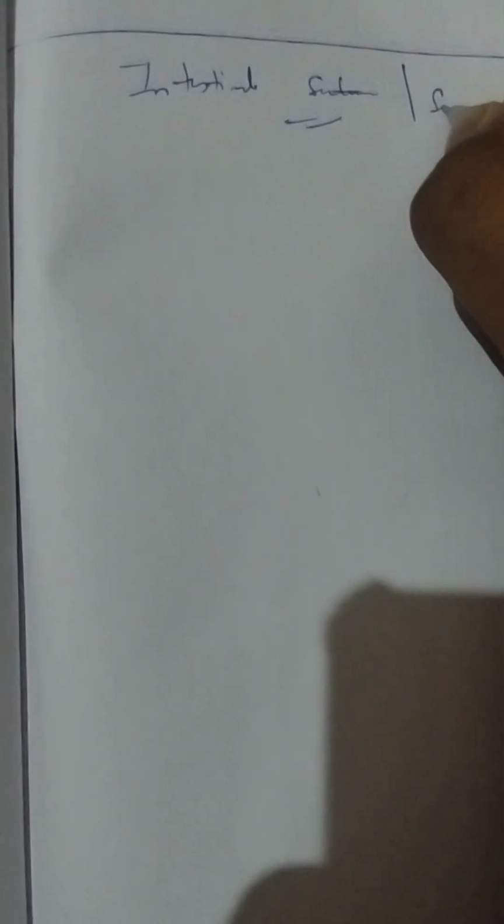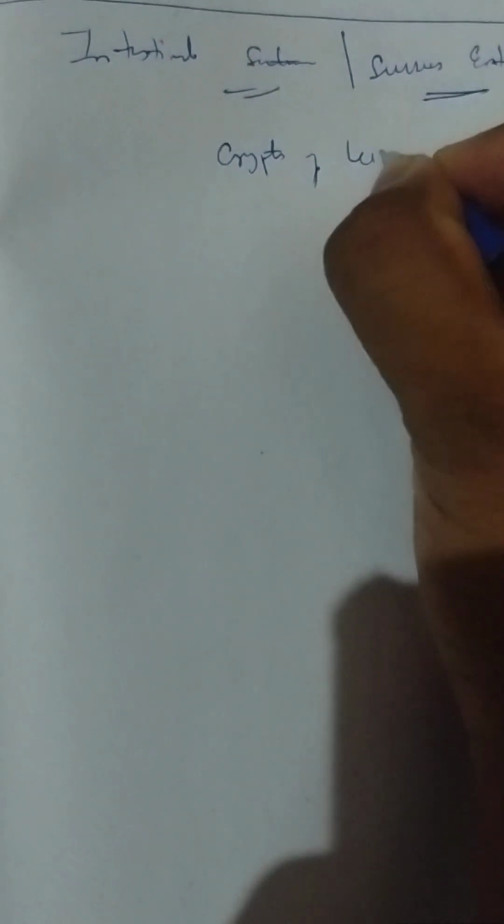Next, last but not least, our intestinal secretions. Intestinal secretions are also called succus entericus, from the crypts of Lieberkühn. They produce succus entericus, that is intestinal secretions.